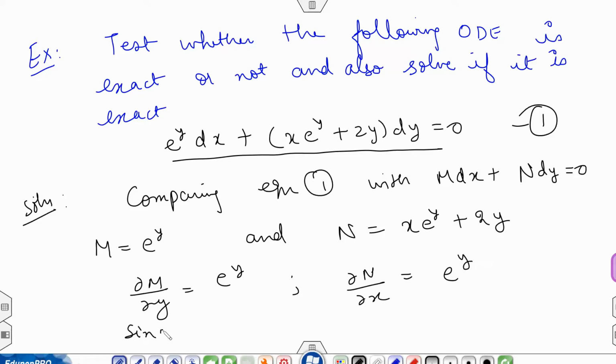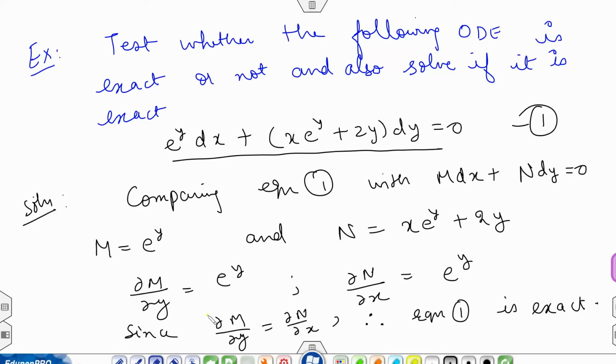Now since del M by del y is equal to del N by del x, therefore equation 1 is exact. No problem in this, you just need to find out that if these two are equal, then your given differential equation is exact.